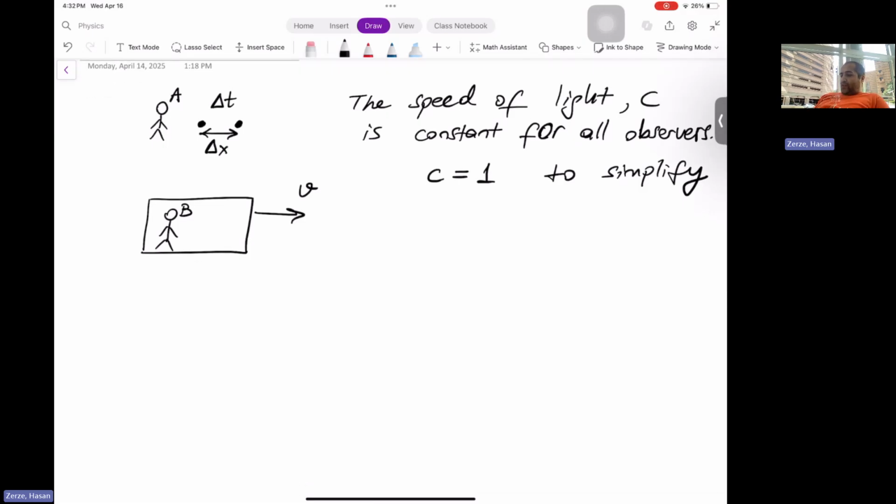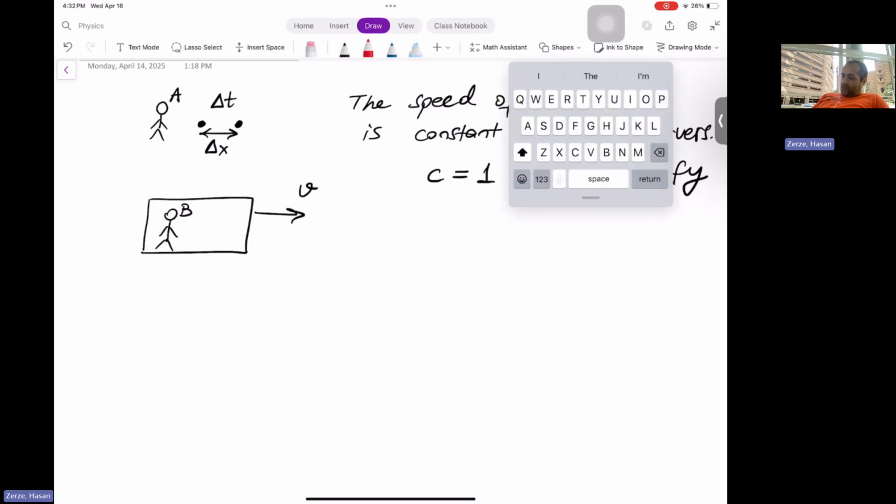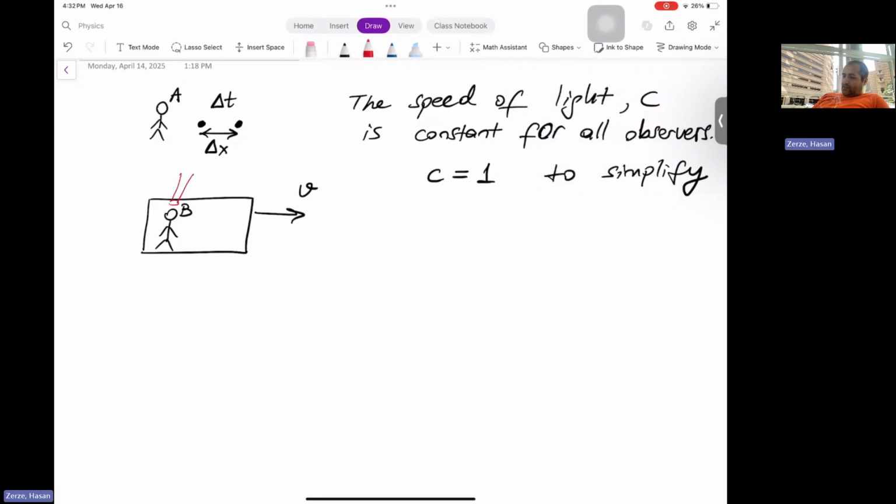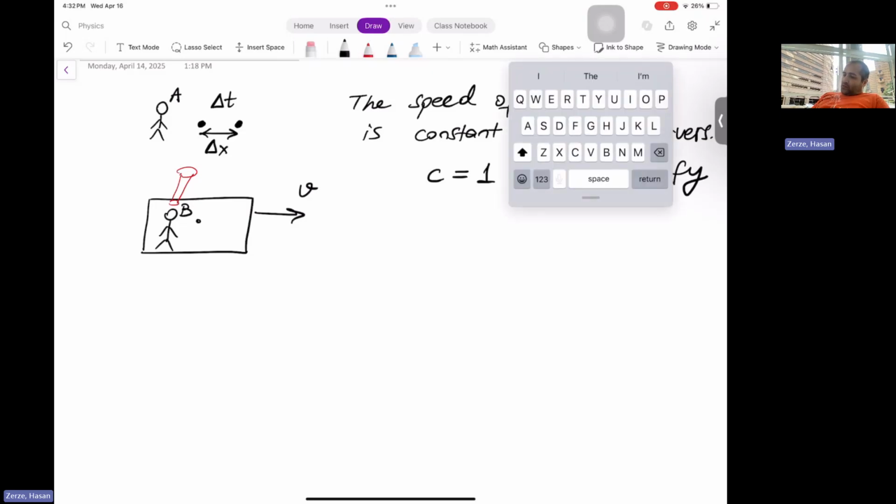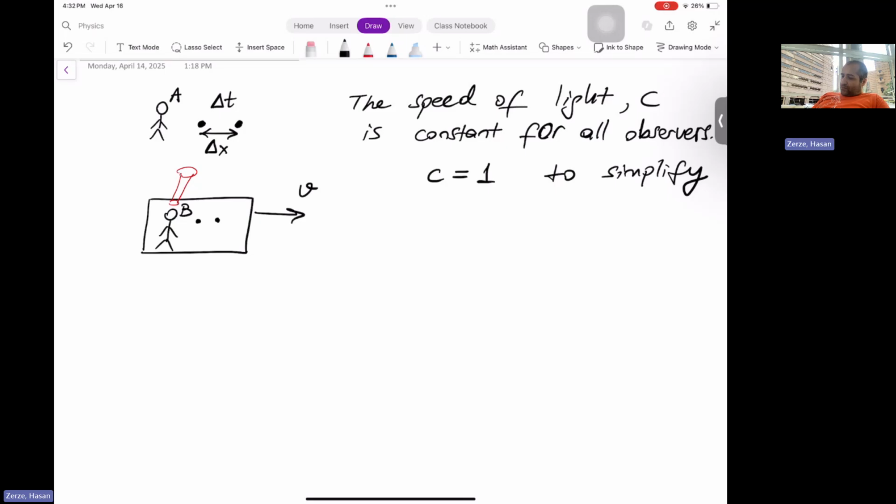And these 2 events are seen by the observer A as separated by delta t and delta x, but the observer B sees these events, like say it has some machine that it observes these 2 events. It's going to see the 2 events happening as if there's a distance difference of delta x prime and time difference of delta t prime.